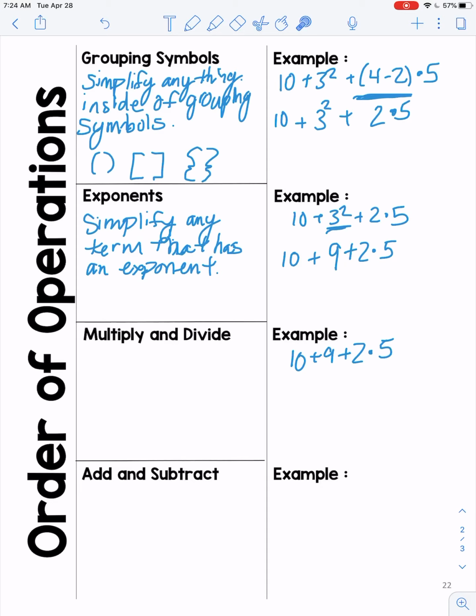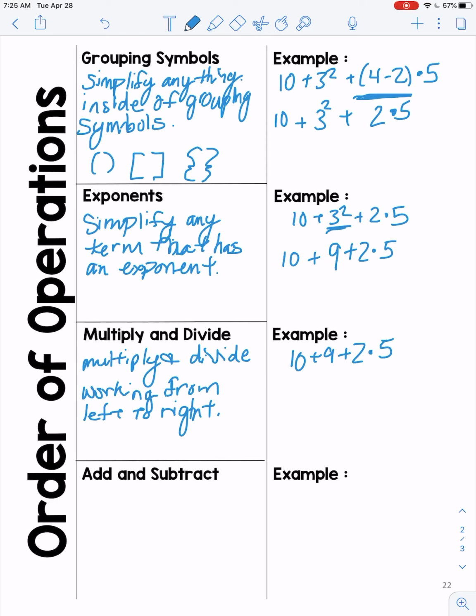And what we have to remember for our next two steps is that these two operations happen at the same time. But what is extremely important is that we work from left to right. So we multiply and divide at the same time, working from left to right, just like you read.